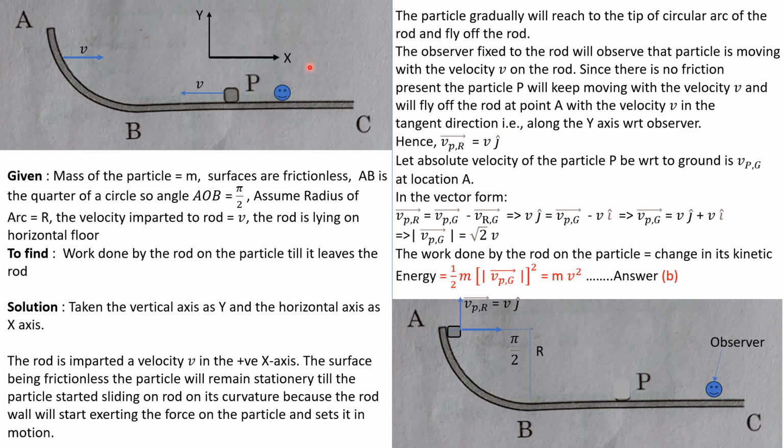To solve this problem, we have tied an observer with the rod. So what will this observer see? That the particle is moving with a velocity v in this direction.